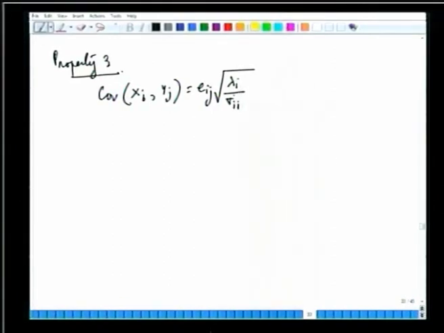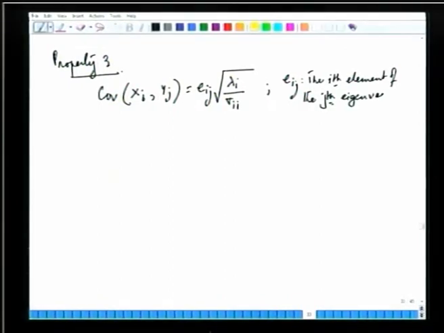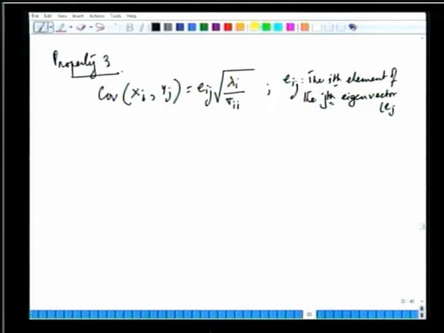Now I know what lambda j is. This lambda is lambda j, not i, because I am considering yj here.